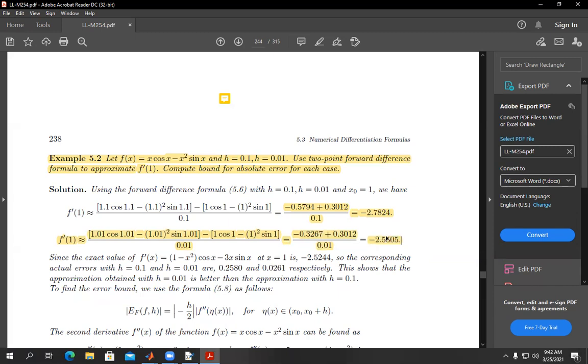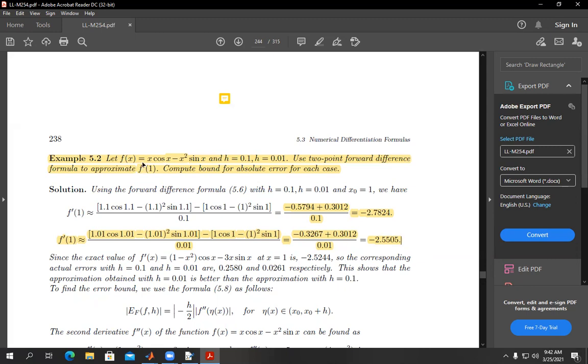Now this is the answer for h equal to 0.1, and this is the answer for 0.01. Which one is good? Of course, you can only say which one is good when you know the exact solution. The exact solution is f prime of 1.